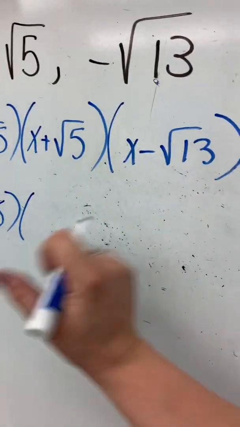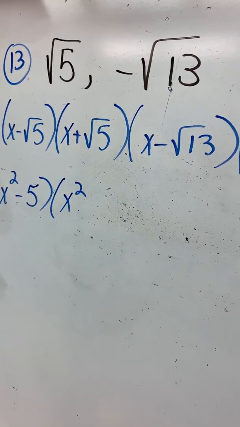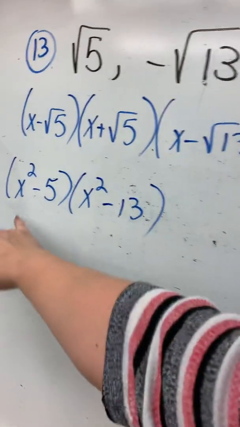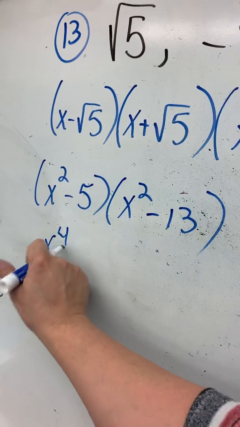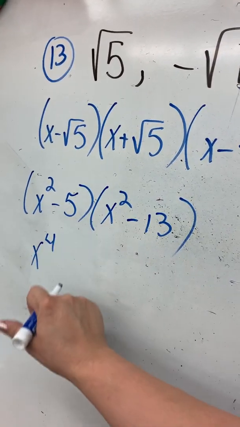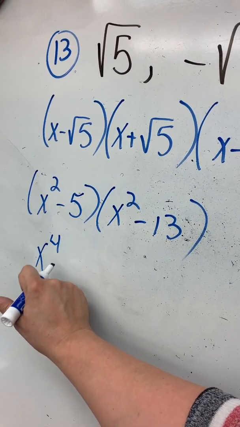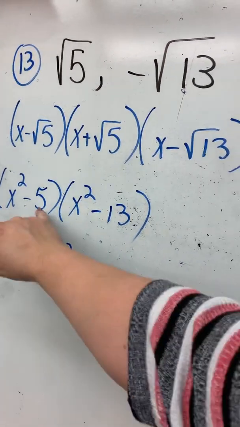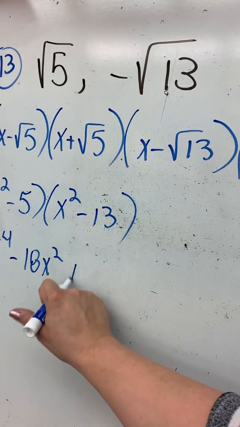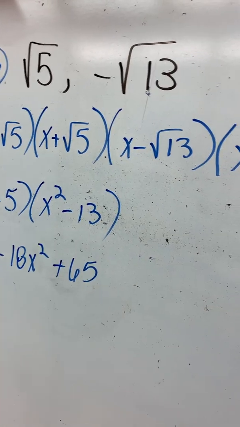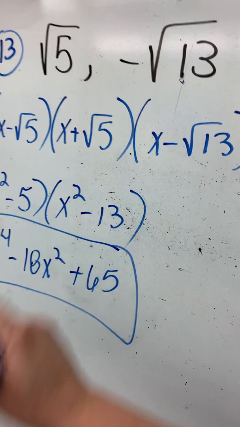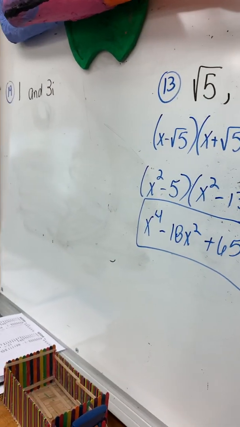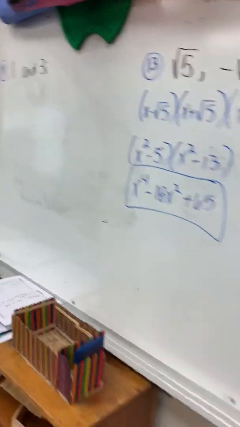When I FOIL these two, what do you think that one's going to be? Then you FOIL these two. x to the 4th, 13x squared minus 5x squared is negative 18x squared. Negative 5 times 13 is 65. There's your polynomial. Notice it looks like a normal polynomial.